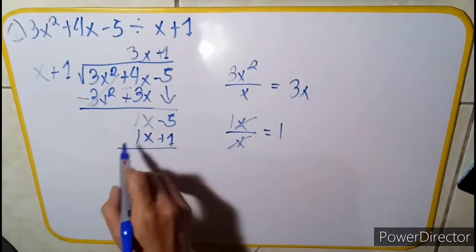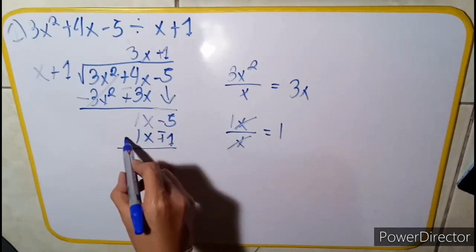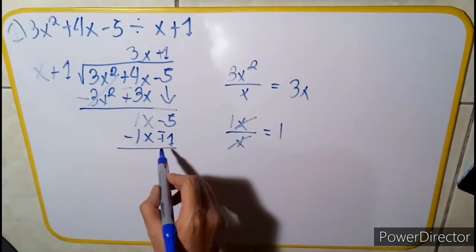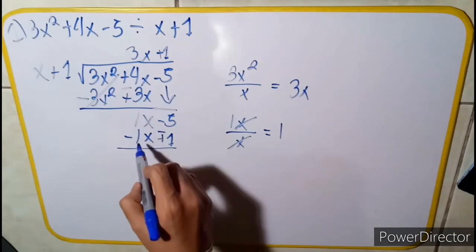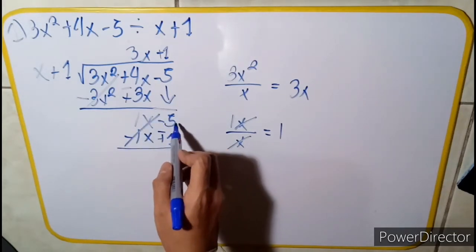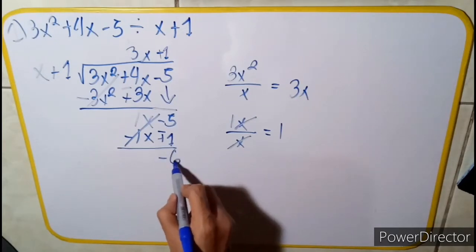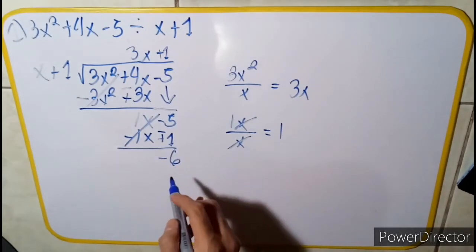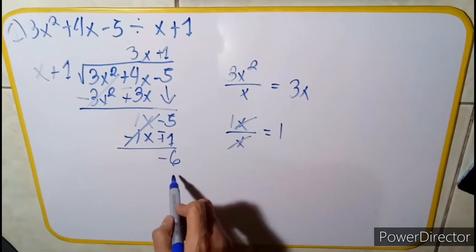Now we will change the sign and subtract. The positive 1 minus negative 1 will be cancelled out. Then negative 5 minus negative 1 will be negative 6. And this is our remainder.